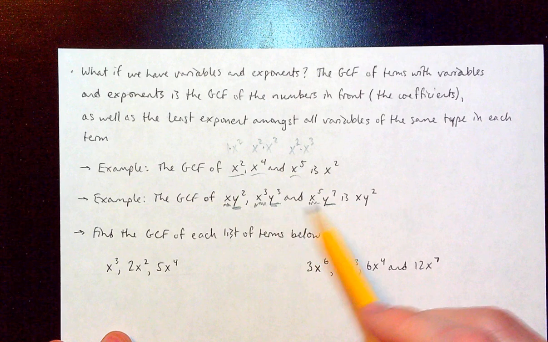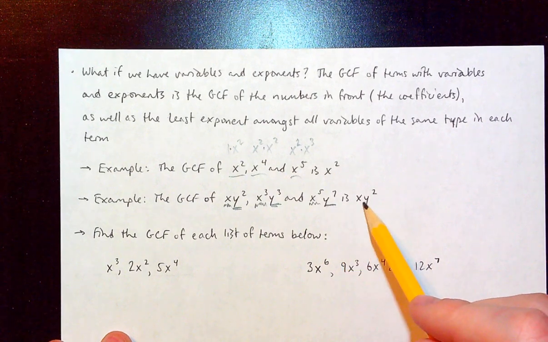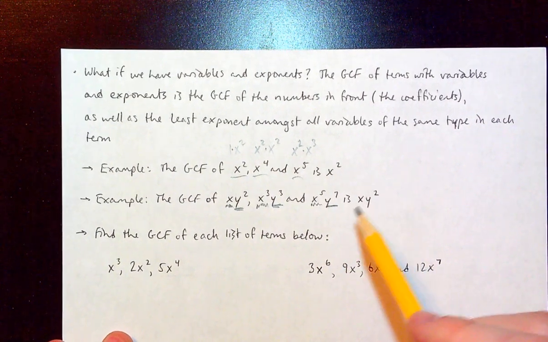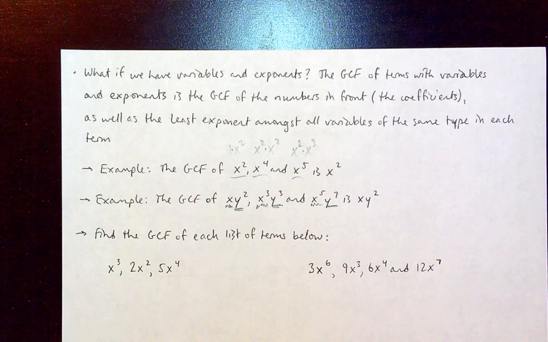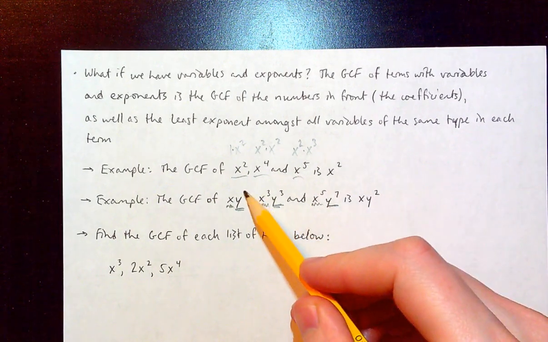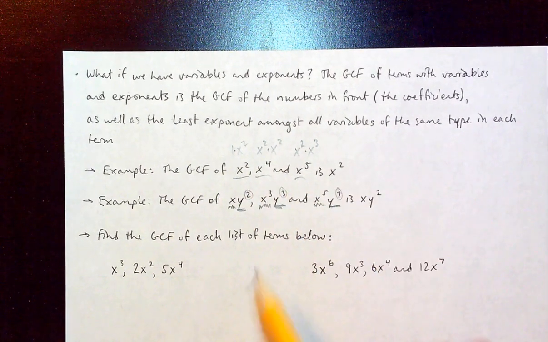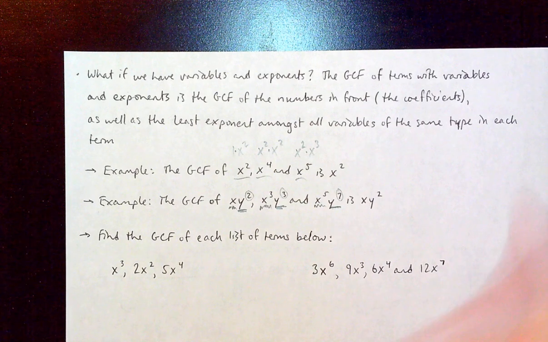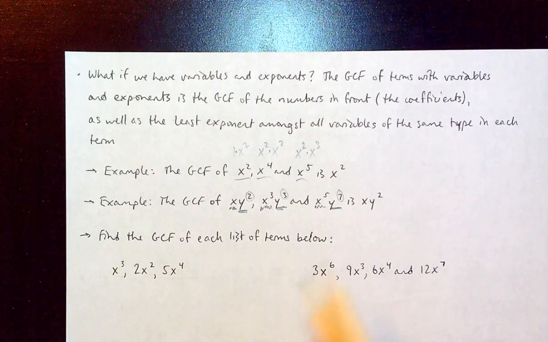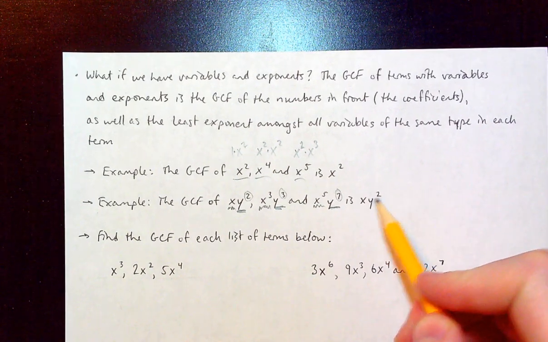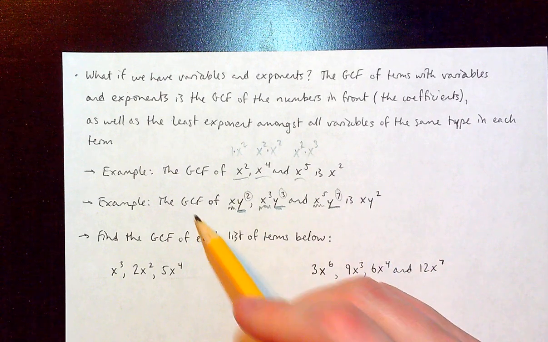The y is showing up in all three terms, so the y will show up in our GCF. What is the exponent going to be on that y? Well, it's going to be the smallest of the exponents on the y's in those three terms. So the smallest of 2, 3, and 7 is 2. That's why we have 2 as the exponent of y in our GCF.